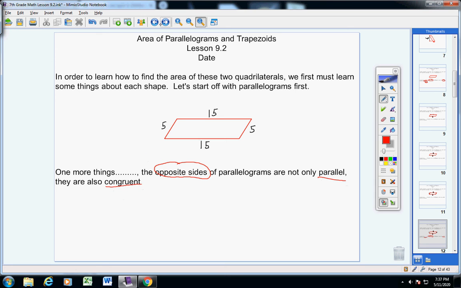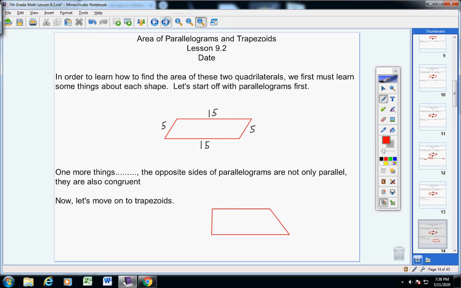All right, now let's move on to trapezoids. If you want to copy this in notes, I think you should, so that you can take some notes off to the side, but there is a trapezoid. Now, let's write some things down about this you need to know. First of all, notice that a trapezoid is always going to have 4 sides, so it is going to be a quadrilateral.